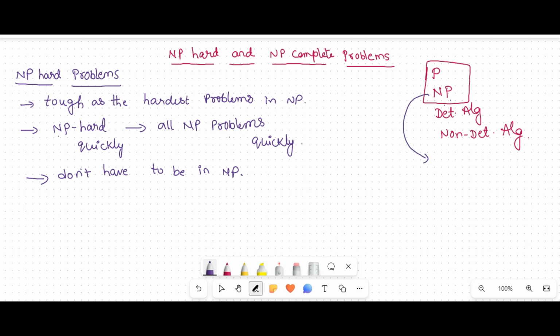NP problems are those that can be verified in polynomial time, meaning you can verify them quickly.